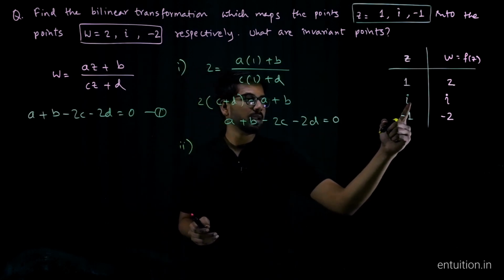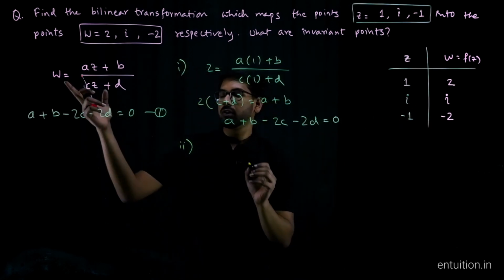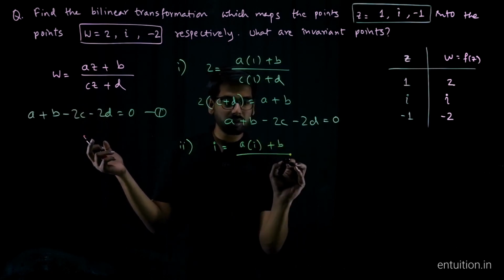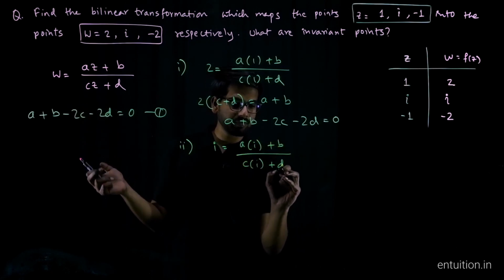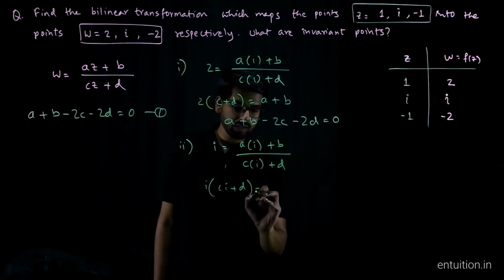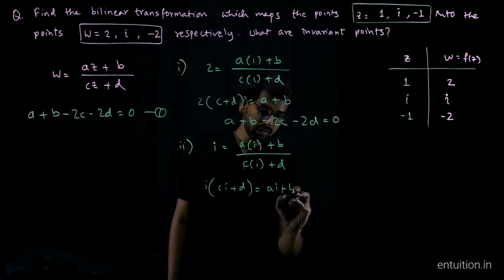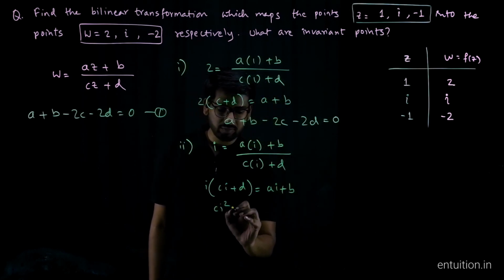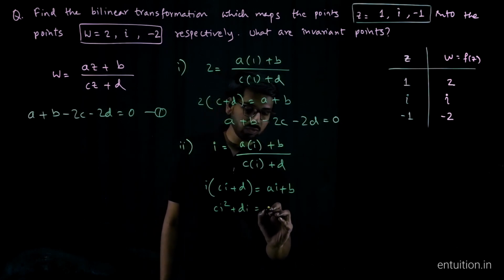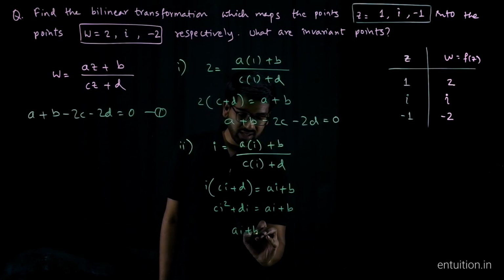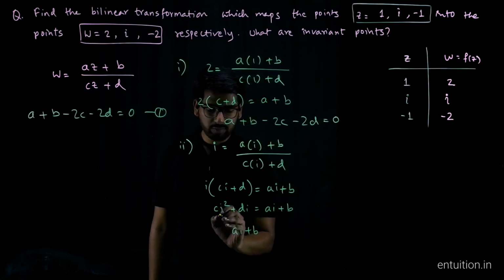The second equation: if z is i, w is i. So w is i if z is i, over ci plus d. That is nothing but i times (ci plus d) is equal to ai plus b. So i times ci is ci squared, i times d is di, is equal to ai plus b. i squared is nothing but minus 1, right?